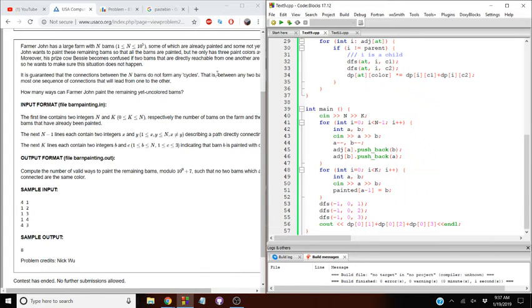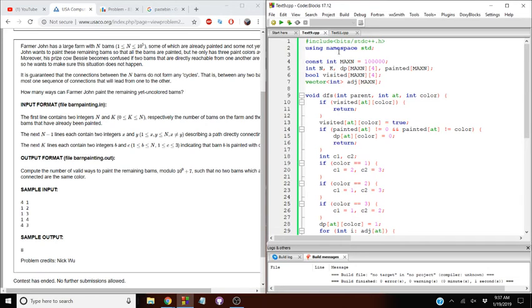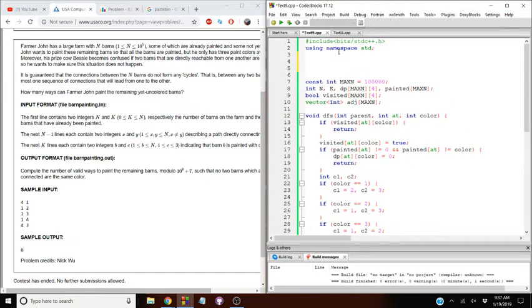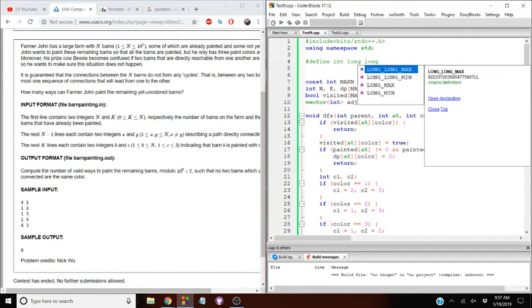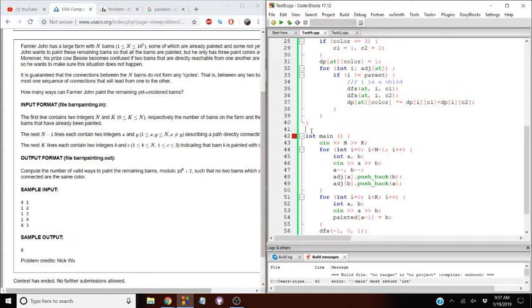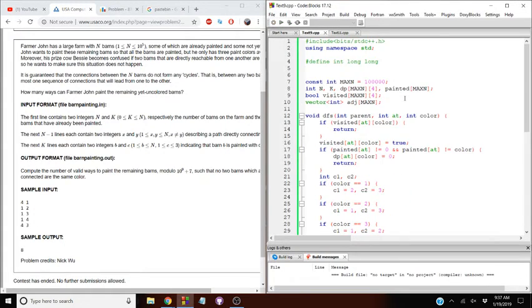Okay, oh yeah, I need to take it modulo 10 to the 9 plus 7, which means that I need to use long. So one thing you can do is you can define int as long long, and then you just delete this thing here. Cool, so now all the ints are longs, and then we could also have constant int modulo equals 10 to the 9 plus 7.